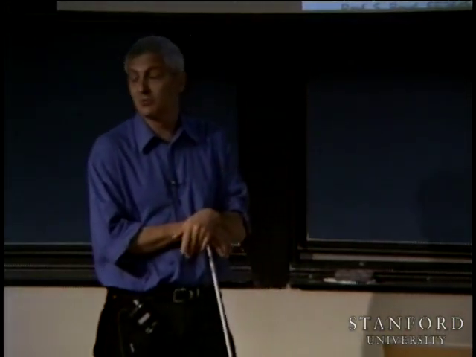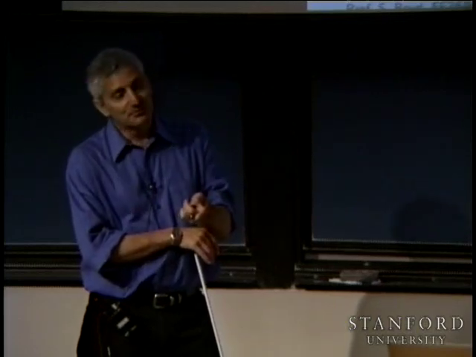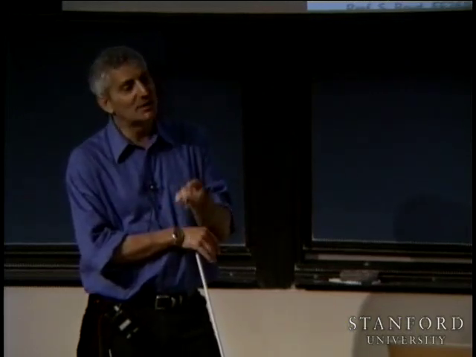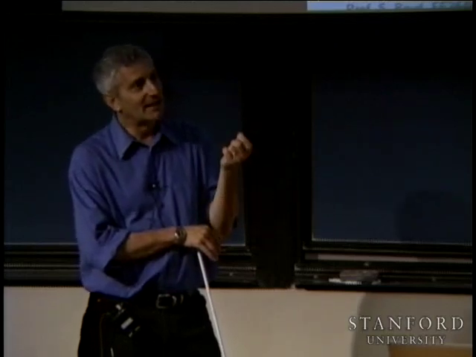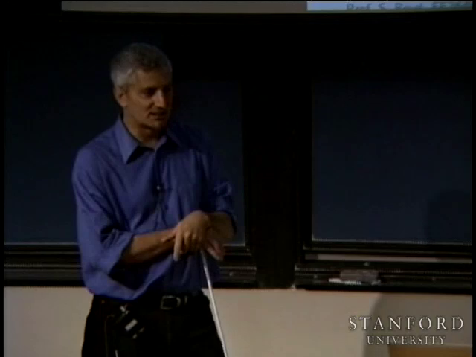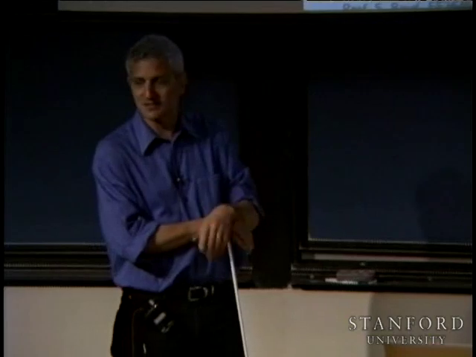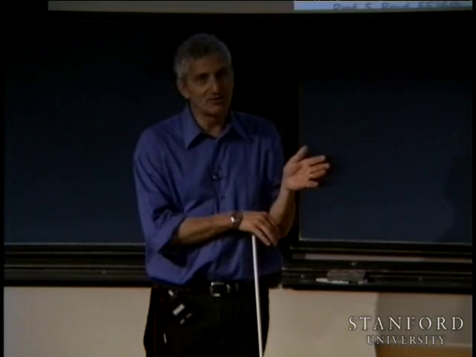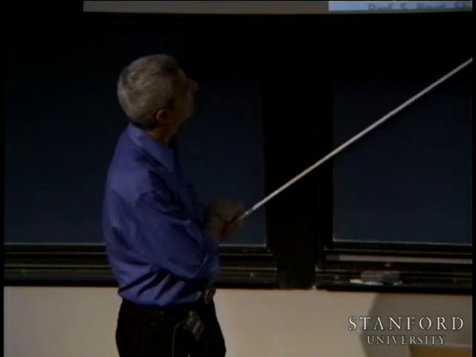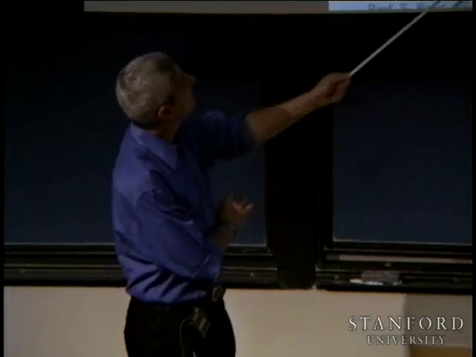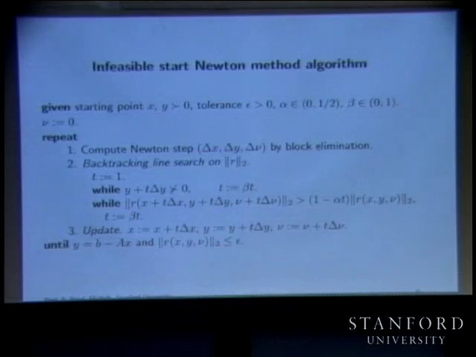And in fact, you can easily see the method would fail: if you initialize it at any point that's infeasible but has an objective value that is better than the optimal objective value, which of course is higher, because the optimum requires feasibility, then if you used the function value as a merit function in the line search, you'd never get to the optimal point. That would fail. Instead, what you do is you do a line search on the norm of the residual.